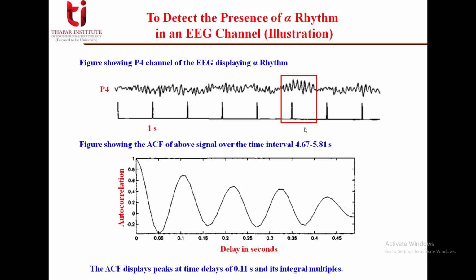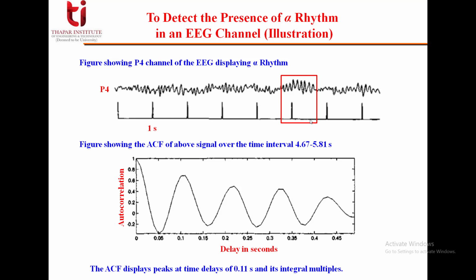The scale is in time, so it is 1 second here, then 2, 3, 4, so this is 4 seconds. So we are considering the segment from 4.67 to approximately 5.81 seconds. And if I take the autocorrelation function of this segment, then you can see the second figure.